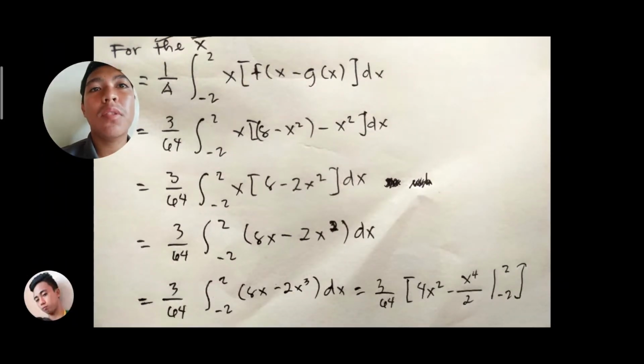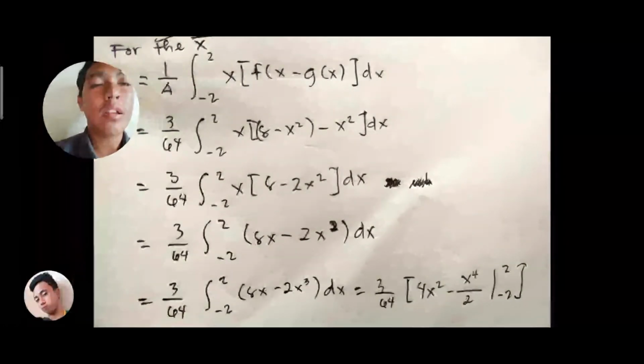So 3 over 64 integral from -2 to 2 of x multiplied by 8 minus x squared minus x squared dx. So 3 over 64 integral from -2 to 2 of x multiplied by 8 minus 2x squared dx.